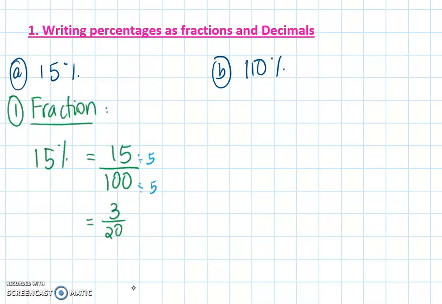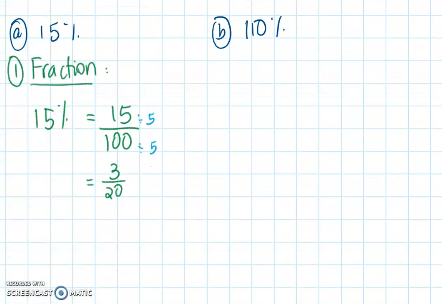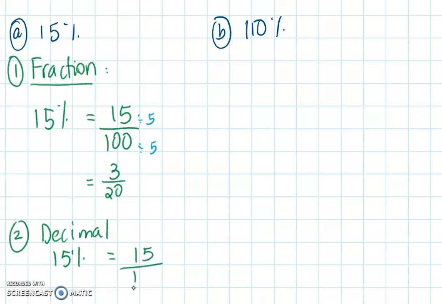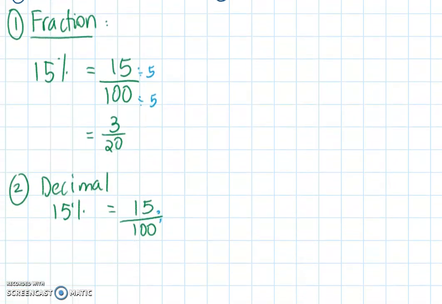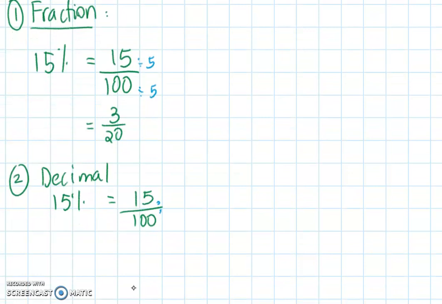In terms of changing it to a decimal, so now let's change that to a decimal. So 15% to a decimal, all you do is 15 over 100, as we know that this line means divide by. So all we do is 15 divided by 100.